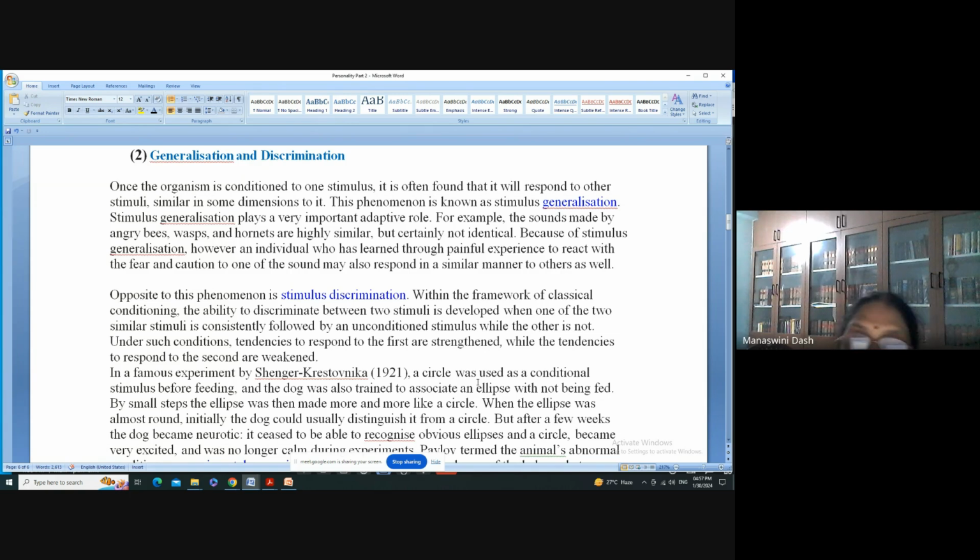Through this procedure, the animal learns to respond to the stimulus after which food was given, and the animal also learns not to respond to the stimulus which is not followed by food.